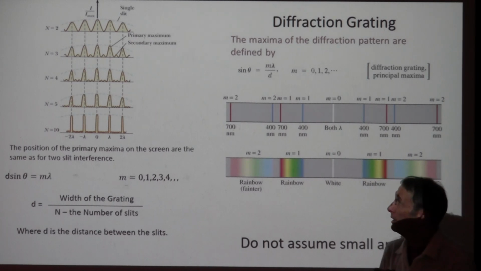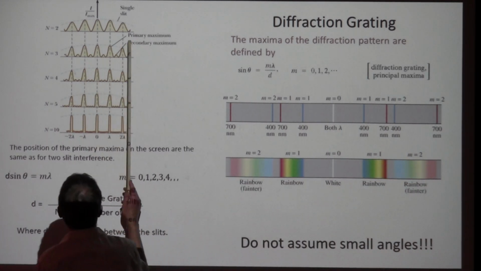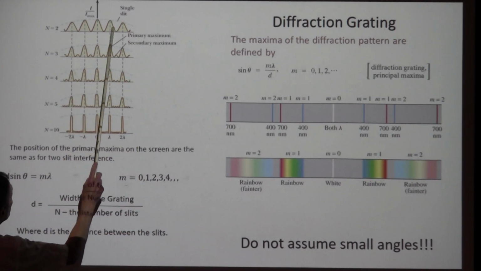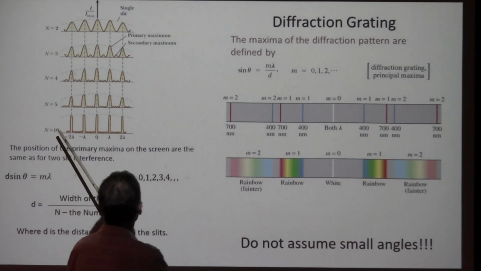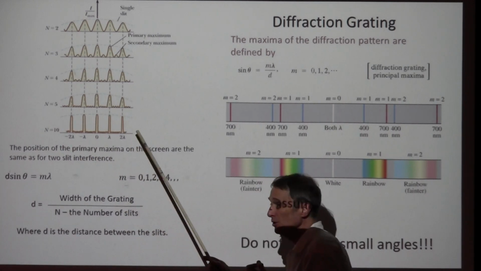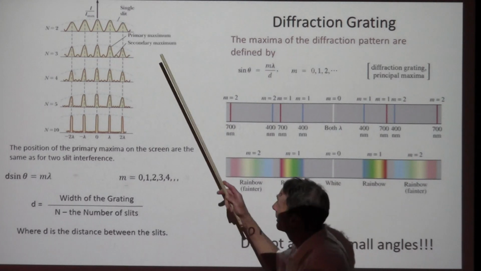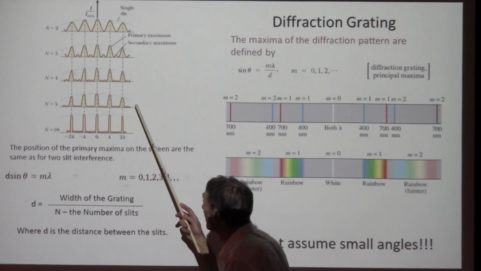What we're going to do is take a double slit interference, which hopefully we've got a pretty good handle on now, where we have 2 slits. And then what if we have 3 slits, 4 slits, or 5 slits, or 10 slits, or in the case of a diffraction grating, you can have 100,000 slits?